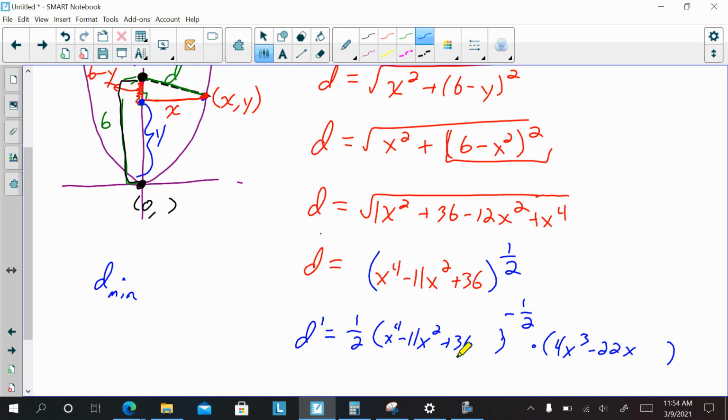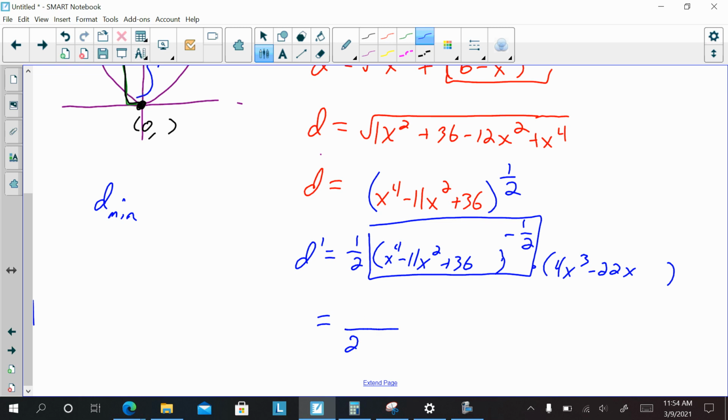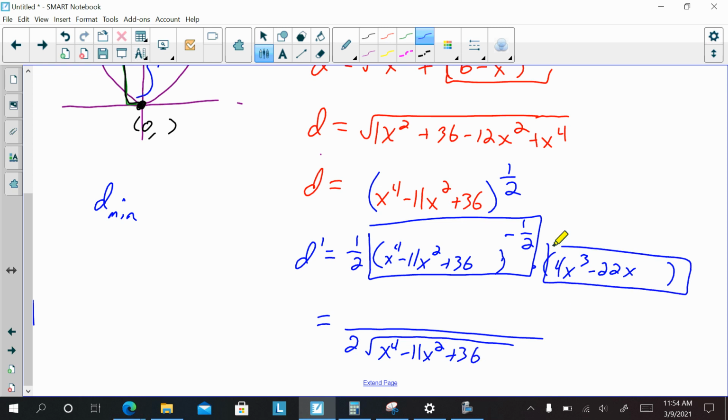And the derivative of a constant is 0. So with a negative exponent, this goes to the denominator. We have a 2 on bottom also. We're going to have this parenthesis to the positive 1/2 on bottom, or we could call that the square root on bottom. This doesn't have a negative exponent, so it stays on top. So that's our first derivative.